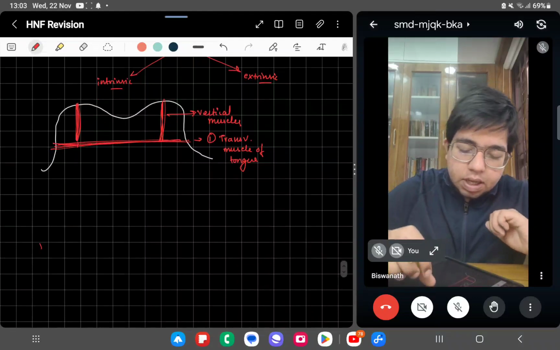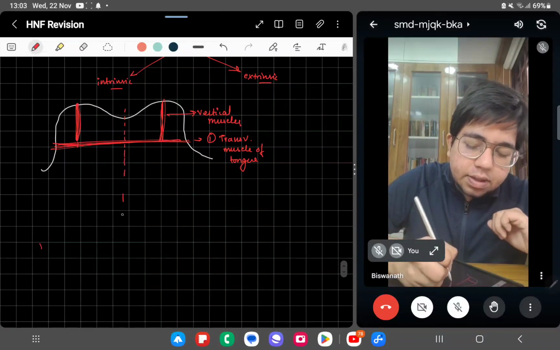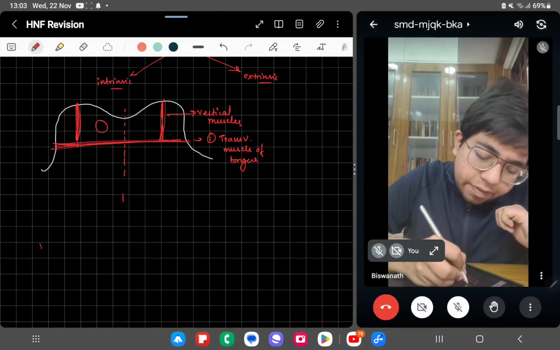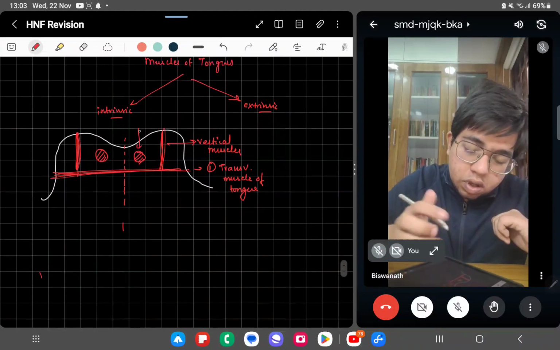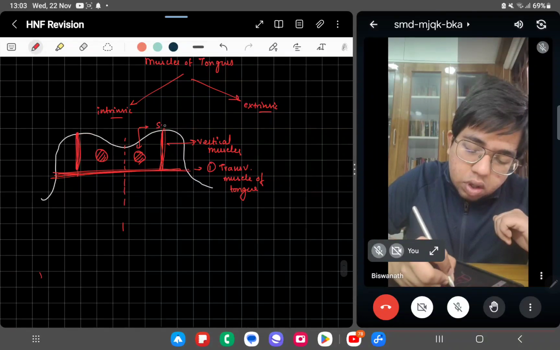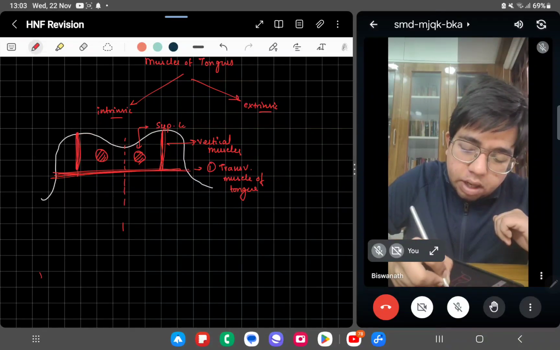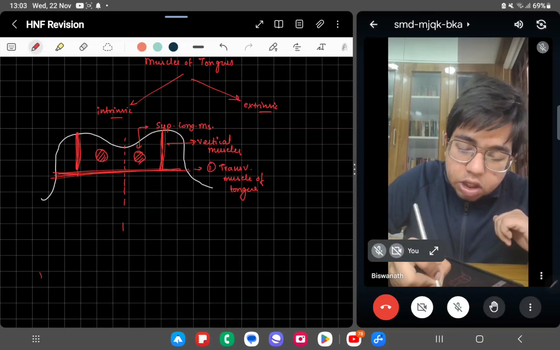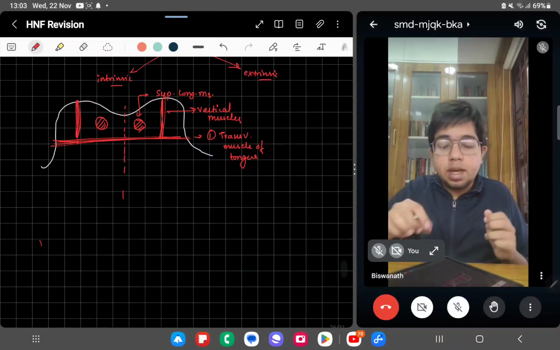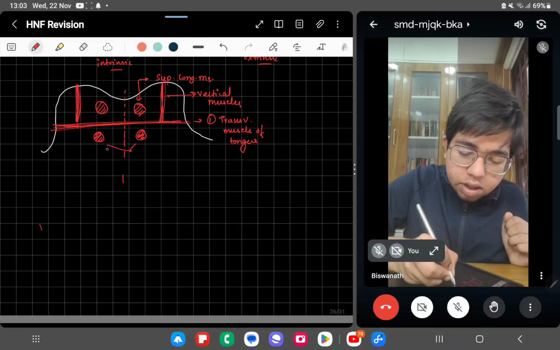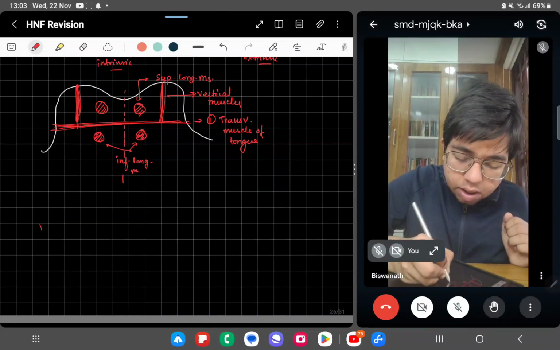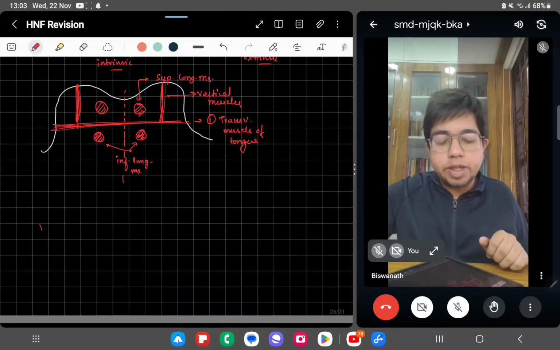This is the median sulcus, and here we have your superior longitudinal muscles, and in this part we have your inferior longitudinal muscles.